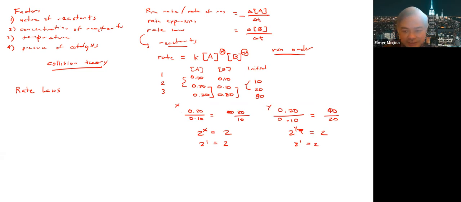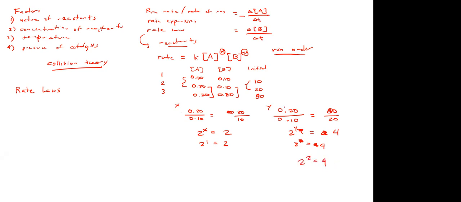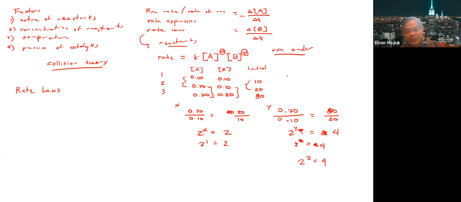So this is 80. So this now becomes 80 divided by 20. So anong value ng Y para 2 raised to the Y will give you 4? Ito po. So here, if we're going to write the rate law, we don't write the 1. It's understood to be 1. And this one is squared.